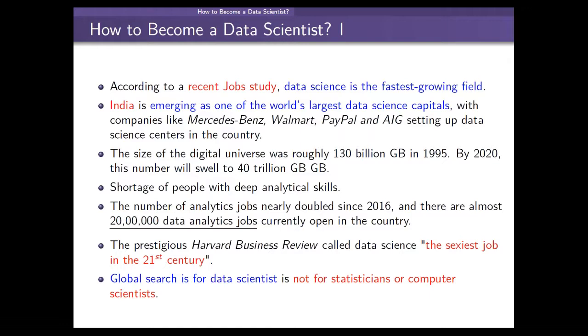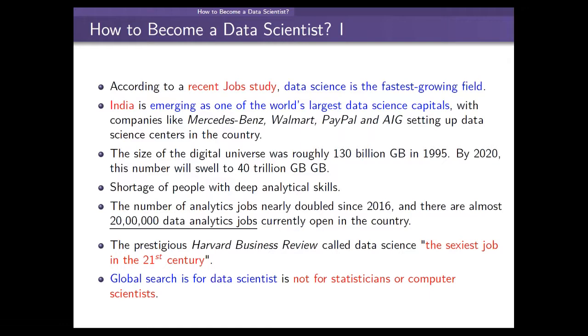So there is a huge shortage of people who can handle this unstructured data and who have deep analytical skills. Nowadays the number of open jobs has been increasing every year.